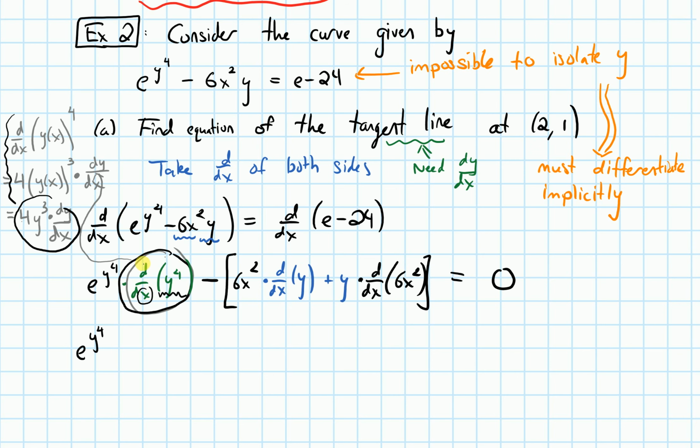So chain rule says first deal with the outside. And the outside is the fact that I have this 4, the power. So dealing with the power, we bring that power down, and then I subtract 1 from the power, so I get a 3. But chain rule says, okay, when you do that, keep plugging the same inside thing in. And what's inside is y. So that's the first part of the chain rule. And the next part of the chain rule says, well, multiply this by the derivative of the inside.